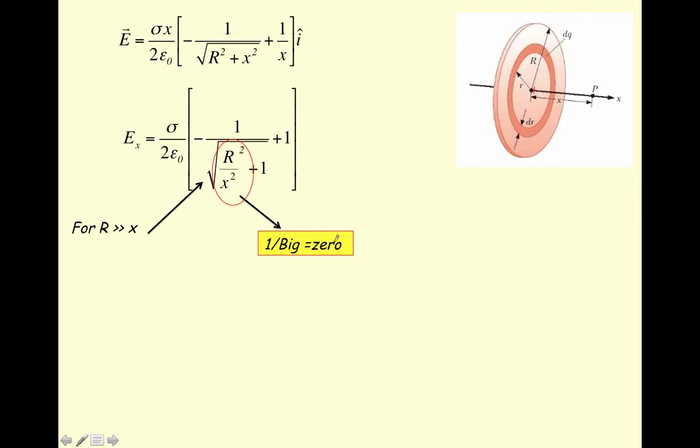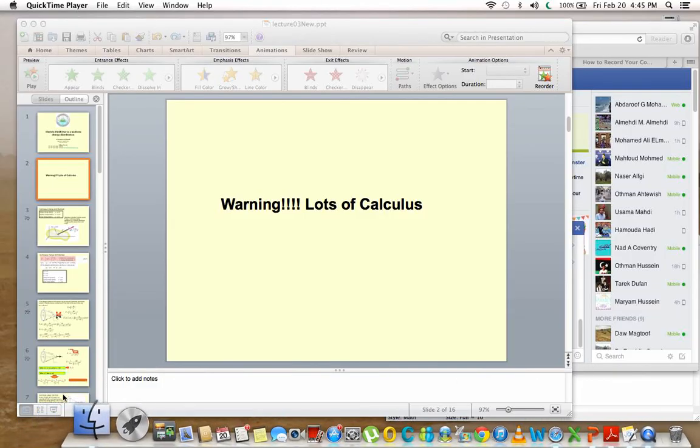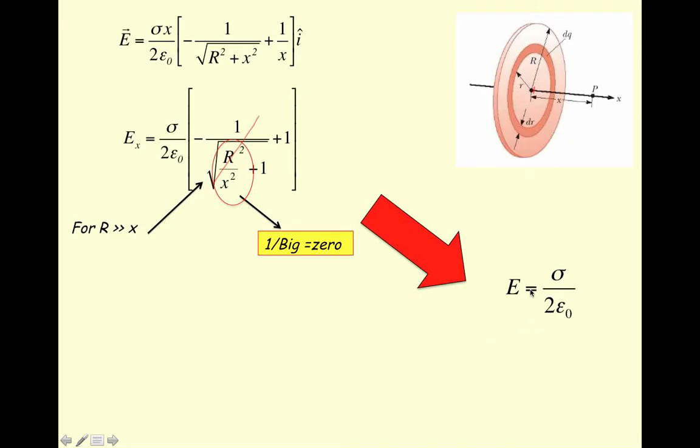If that happens, I know that 1 over something that's very big gives me 1 over infinity, which is equal to 0. So this term goes, and then the electric field is equal to sigma over 2 epsilon. All right, and that's the result that somehow we've seen before.